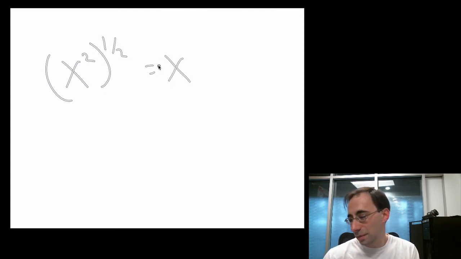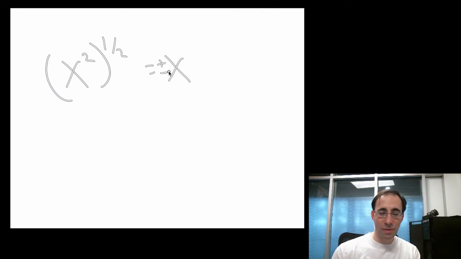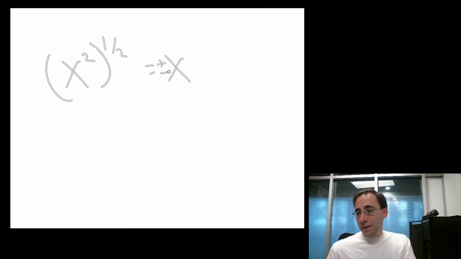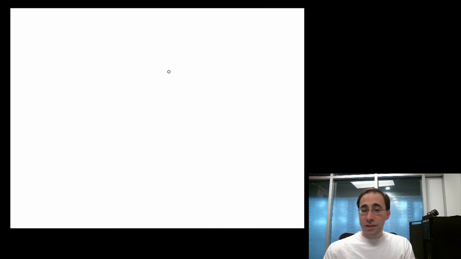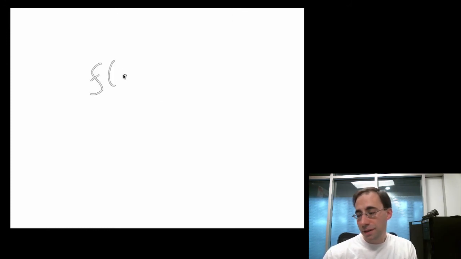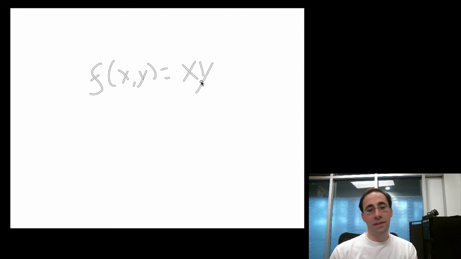Here it's a little messy, you actually get plus or minus x because of the square root. So it's almost an inverse. So they're related though. I mentioned a little bit in a previous module that if you had more than one variable, you could make functions that have interaction terms, like that. That's an interaction term between x and y. We'll discuss these more in the calculus part of the class.